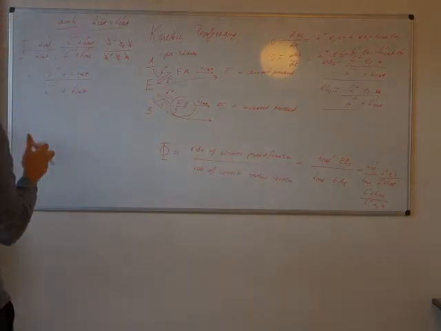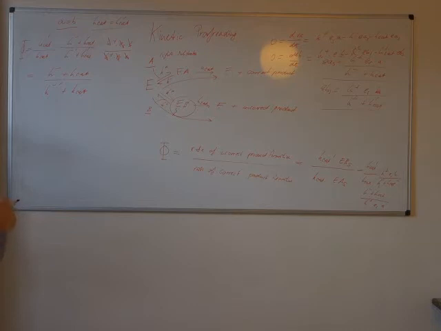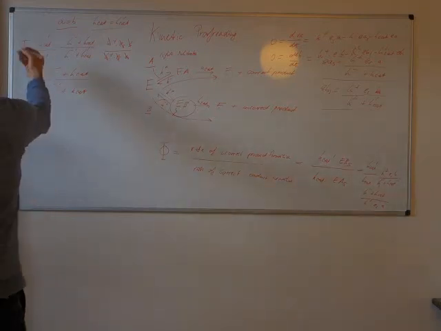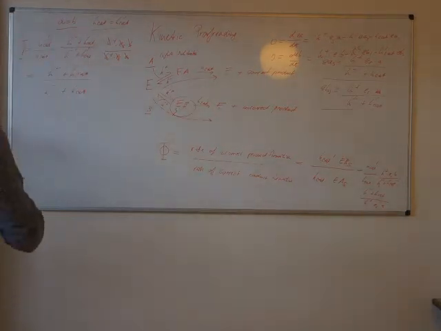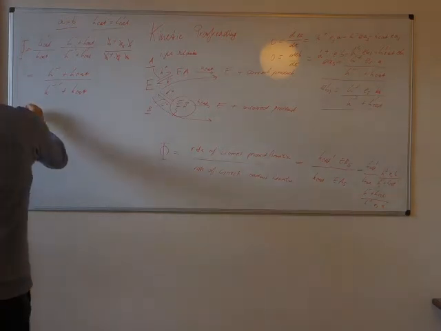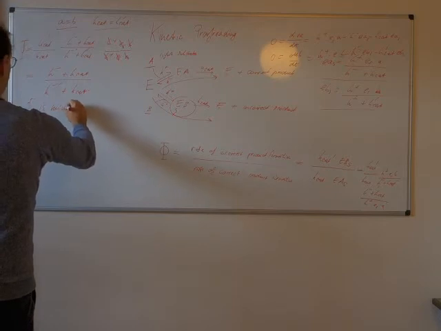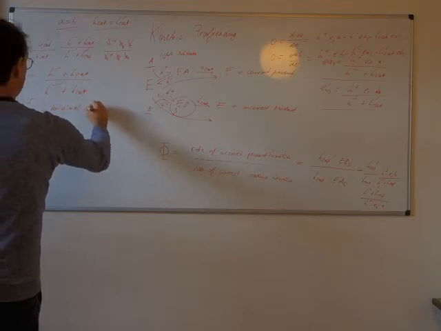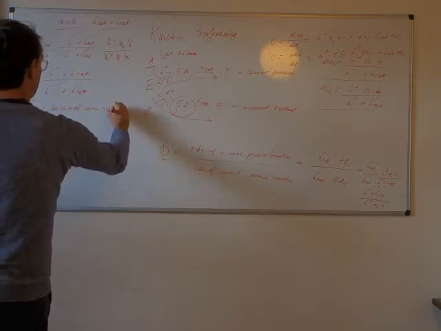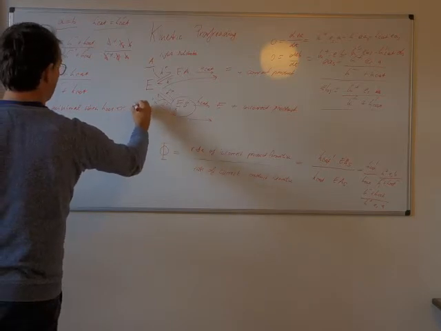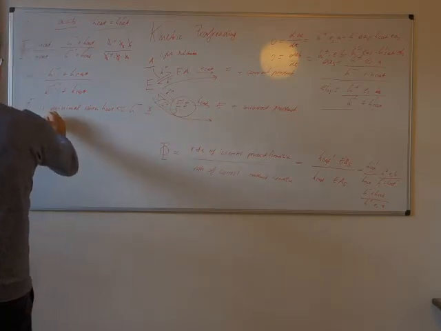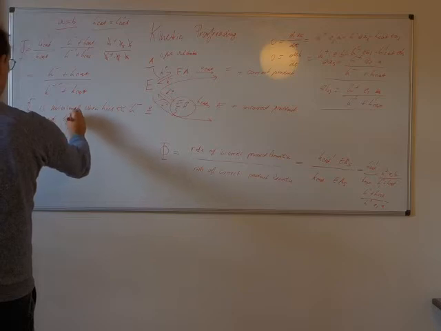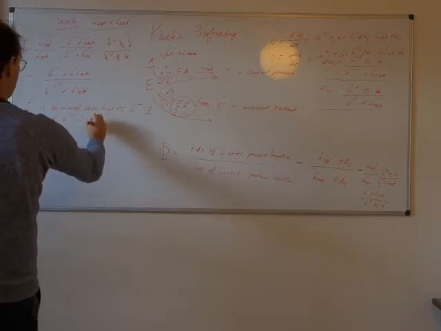And now, so when is this the smallest? This is minimal when k_cat is a lot smaller than k_minus and k_minus prime.